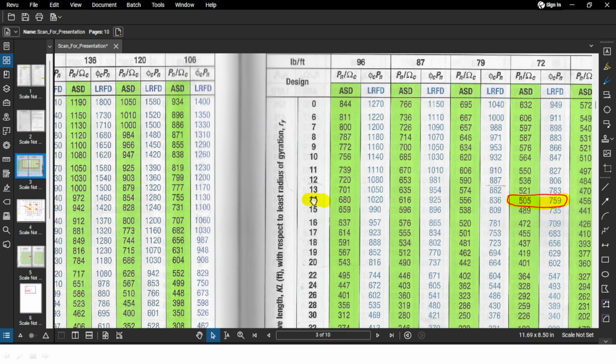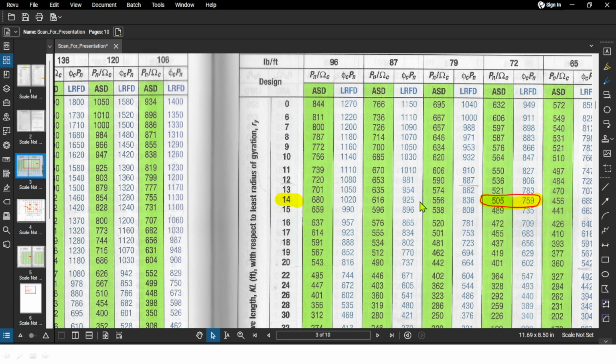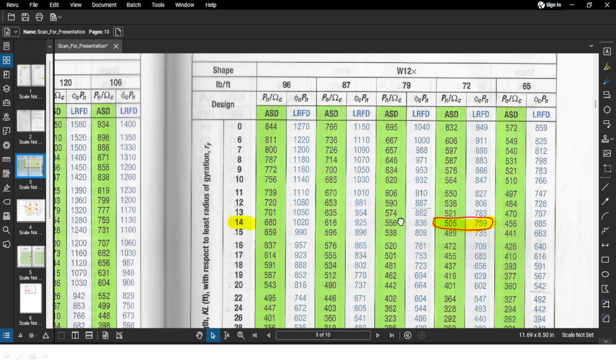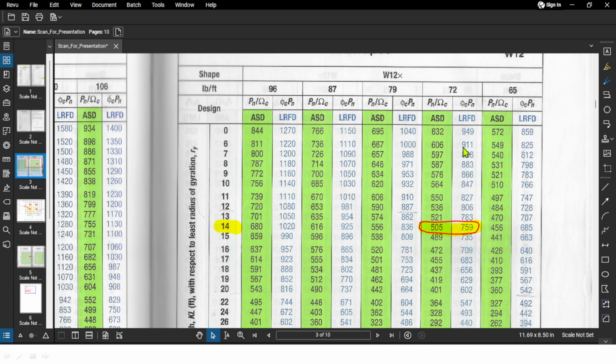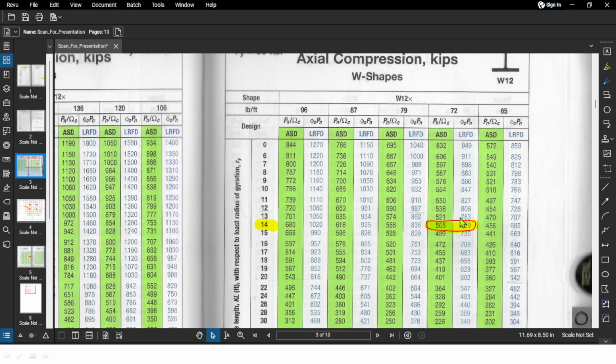So if we trace this 14 feet to the columns of the W12 by 72, we have this ASD value of 505, and the LRFD value is 759, which is the same as what we have calculated using the formulas in section E3.